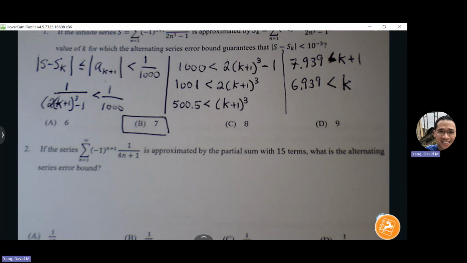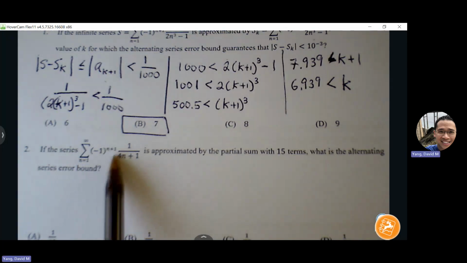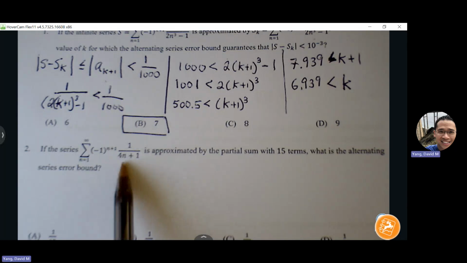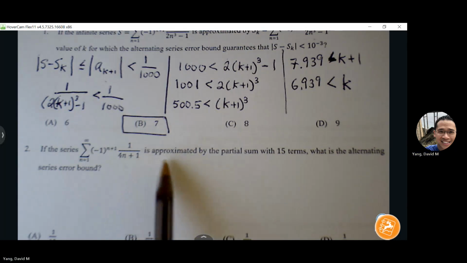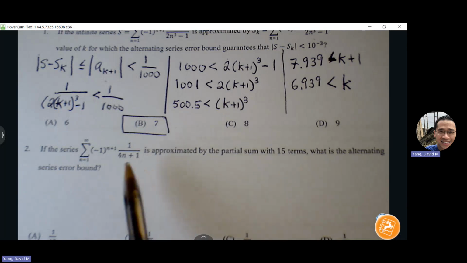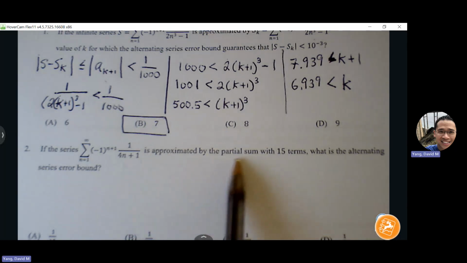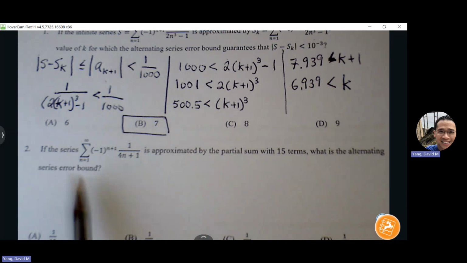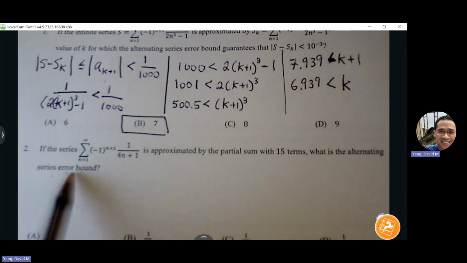We know that this is an alternating series. It's an alternating harmonic series, which we know converges. If this alternating converging series is approximated by the partial sum of 15 terms, what is the alternating series error bound? We just find the what?